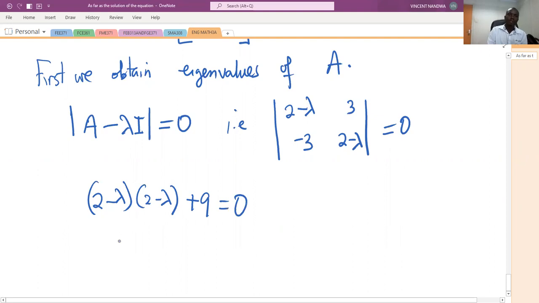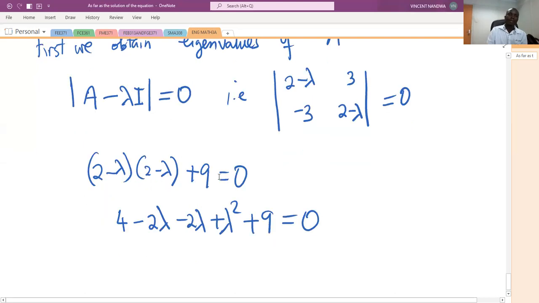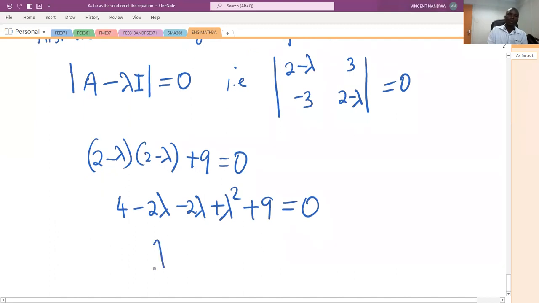Open this, so we'll have 4 minus 2 lambda minus 2 lambda plus lambda squared plus 9 equals 0. So rearranging, we'll have lambda squared minus 4 lambda plus 13 equals 0.